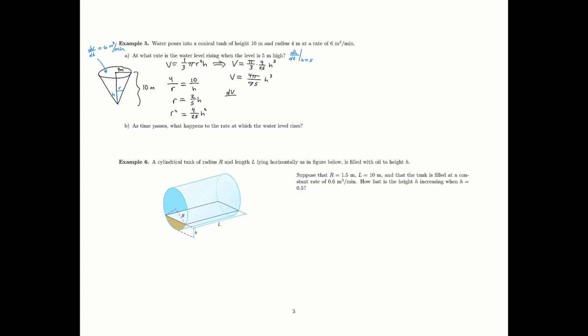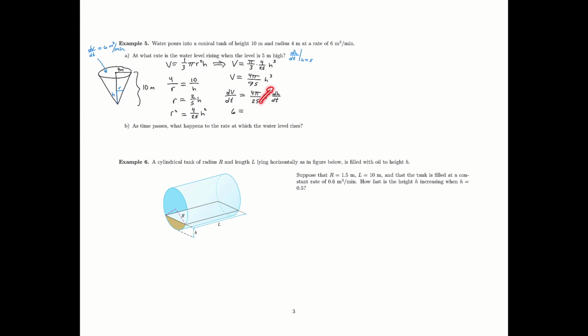Now we can differentiate dV/dt. This is going to be 4 pi over 25, because the 3 and the 1/75 will reduce to 1/25, h squared dh/dt. Now we can use information about our rate of change of volume and what the height is. So dV/dt is 6. We're going to go ahead and take h equals 5.